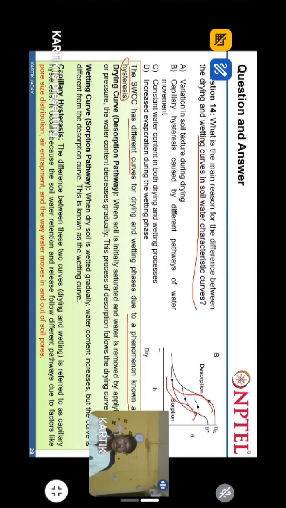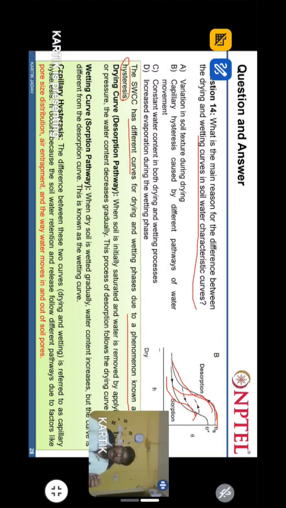In the drying curve, also known as desorption, the soil is initially saturated and we start extracting water from it by applying suction. We are sucking water from the soil, and the water content of the soil will gradually decrease. This process is known as desorption.